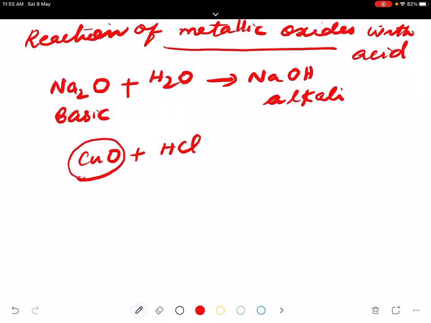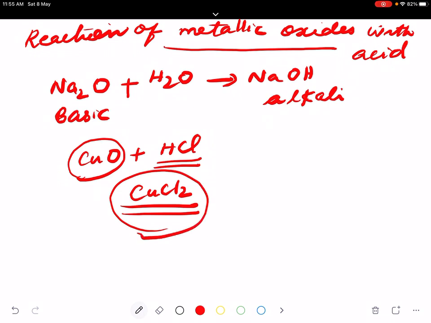When you add this HCl, the color of the solution becomes blue-green. That is due to the formation of CuCl2. During this reaction, CuCl2, this is the salt, plus water.